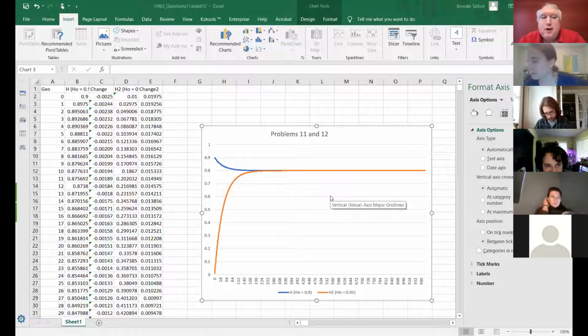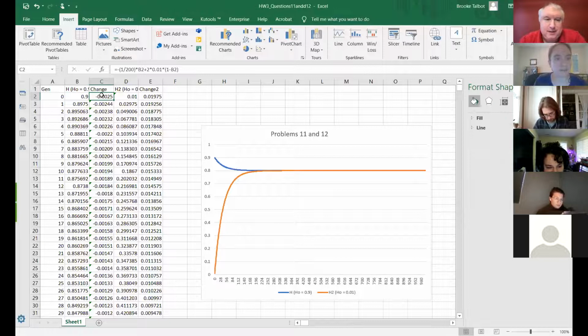This formula is kind of that. What it's missing right now is the change in time.